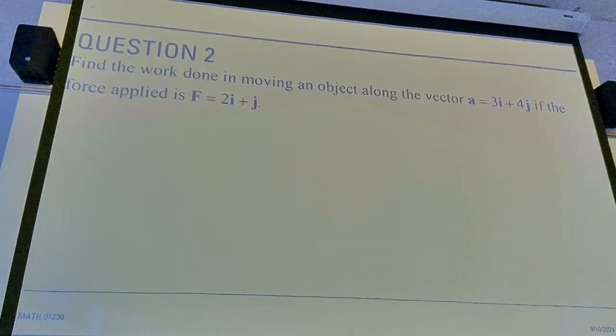So work done in moving an object along the vector 3i plus 4j if the force applied is 2i plus j. Oh, that was nice. Just the dot product.